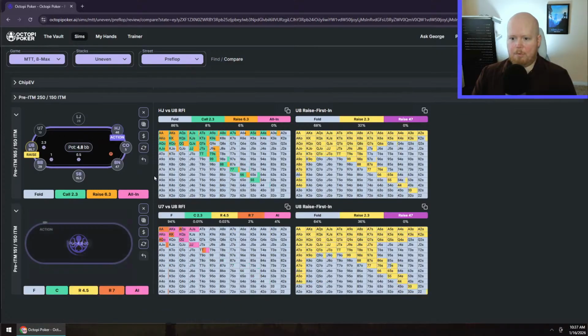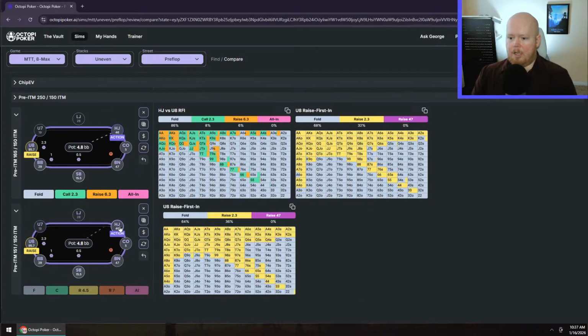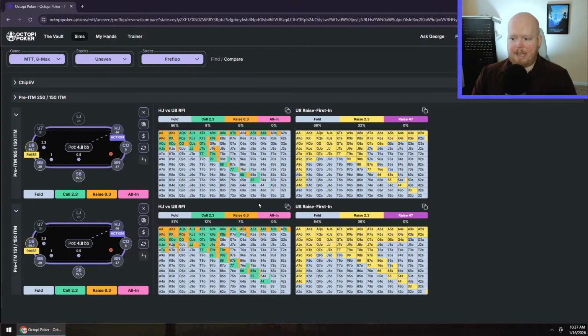If we look more at that, we can see a similar thing happening once we're on the stone bubble, because now this range is so wide, at 36%, that it allows the hijack, even though the hijack is under a ton of ICM pressure here, to still call 12% of hands.